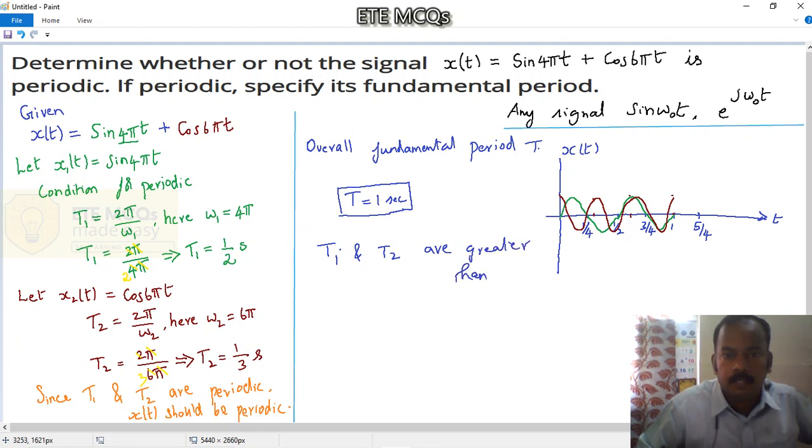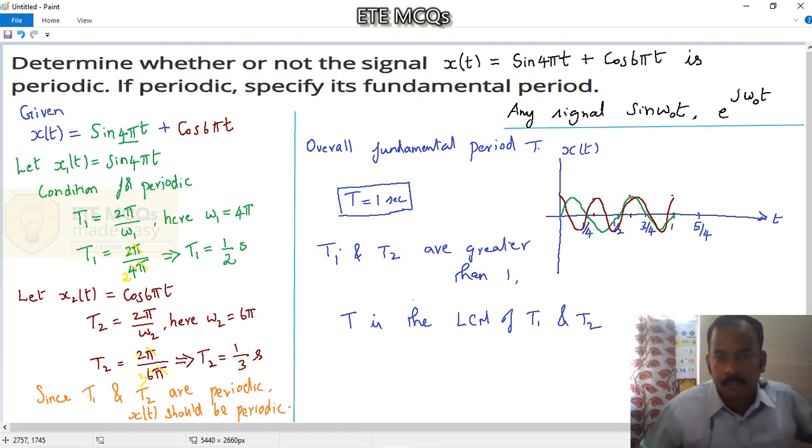When both are greater than 1, then the overall fundamental period will be the LCM of T1 and T2. This is an important point.